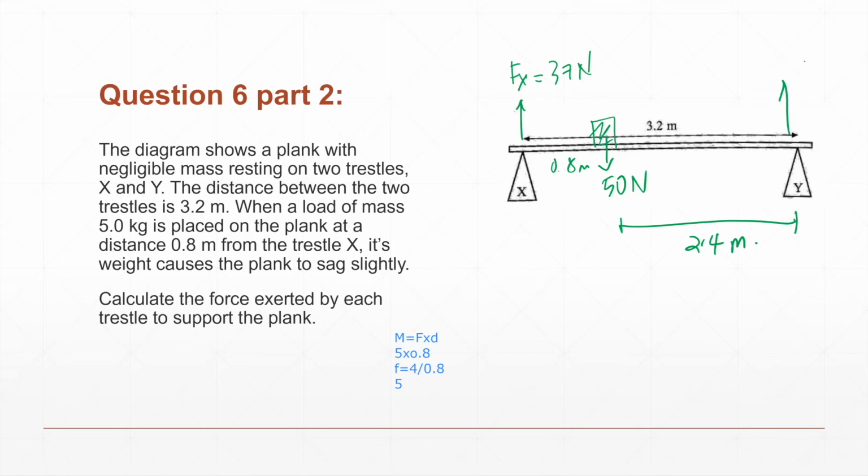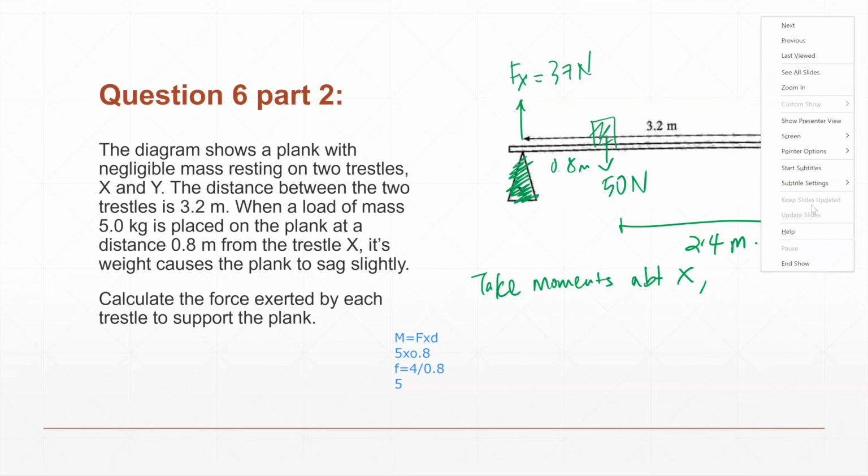Then we want to find Fy, which is I don't know how much. Because I want to find Fy, I will take moments about X. So this is the pivot. So let's change ink.